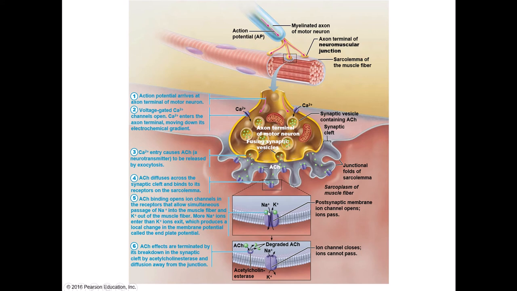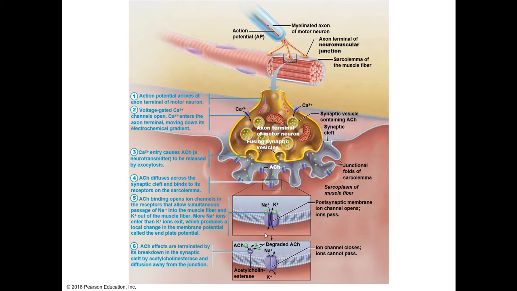When acetylcholine binds onto the receptor channels, the channels open up. We get an influx of sodium and a little outward flux of potassium, but we have a much greater influx of positively charged sodium than outward flow of positively charged potassium. They're both positively charged, but even though we're going to lose a little positive charge, we're gaining gobs and gobs of positive charge in the form of sodium, and that creates what we call an end plate potential.